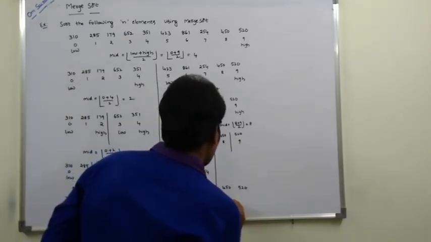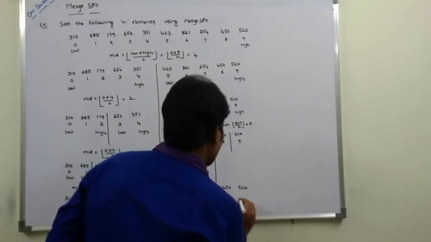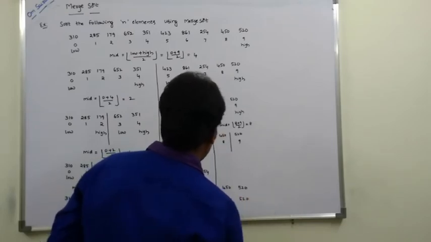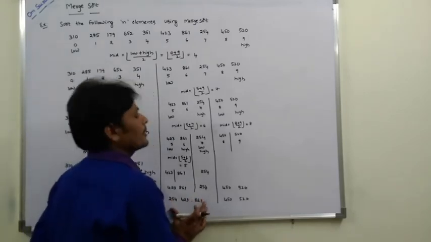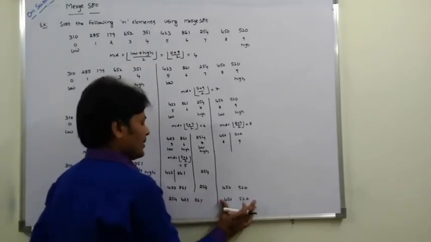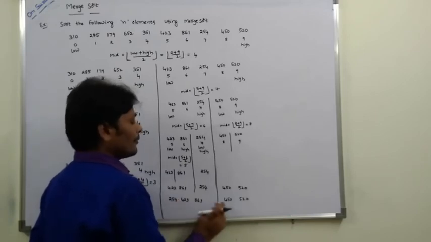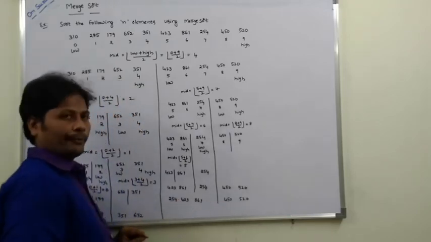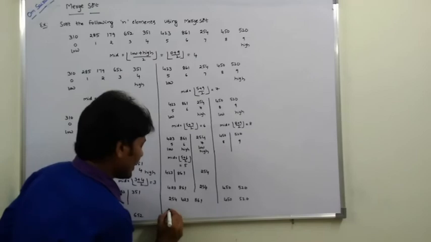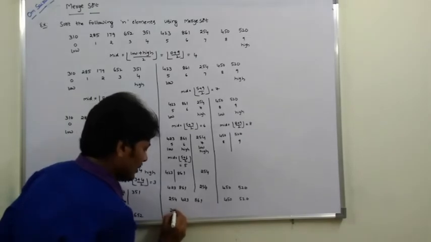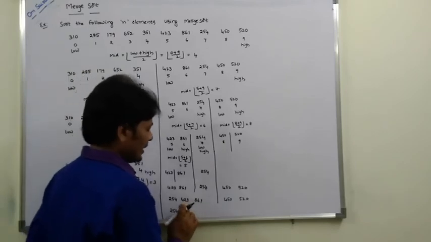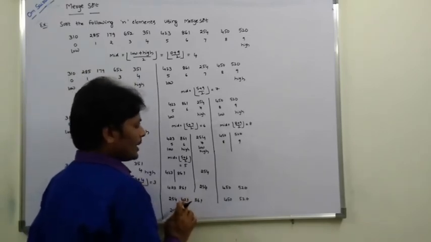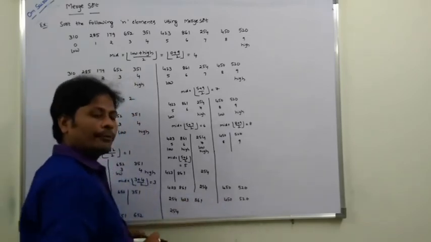So now 450 and 520. Now comparing the first sublist with the second sublist. So that is 254 is compared with 450. So 254 is the less value. Next, again this value is incremented, that is 423. 423 is compared with 450.